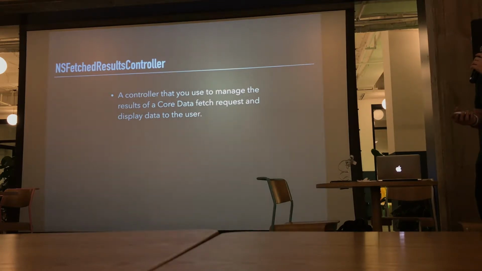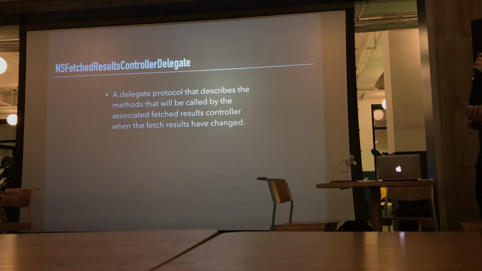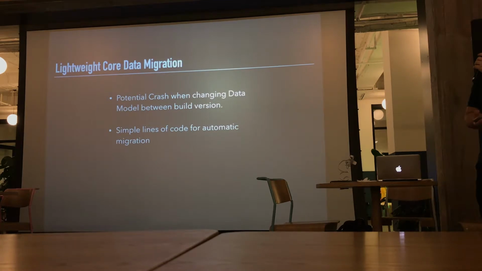We also have the fetched results controller. You can use that with your table view, and also a delegate for the fetched results controller, which basically helps inform the UI table view to update all the data that was returned from the fetched results controller.